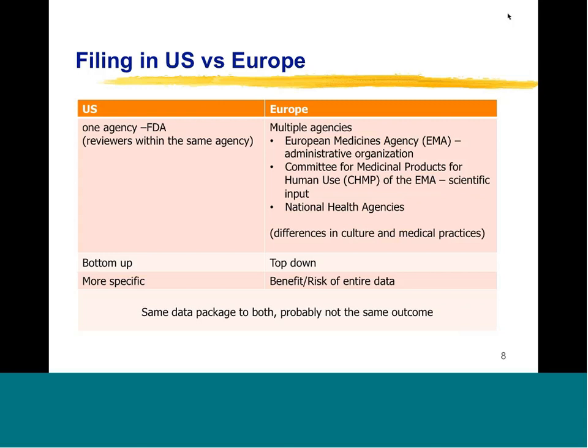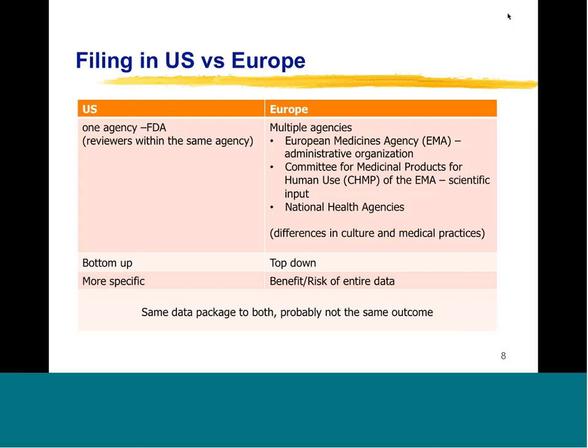They rely on scientific input from what's called the CHMP, the Committee for Medicinal Products for Human Use. That's where you go for scientific advice. You get input from multiple countries, and it's for all of Europe, so it takes a little bit longer.